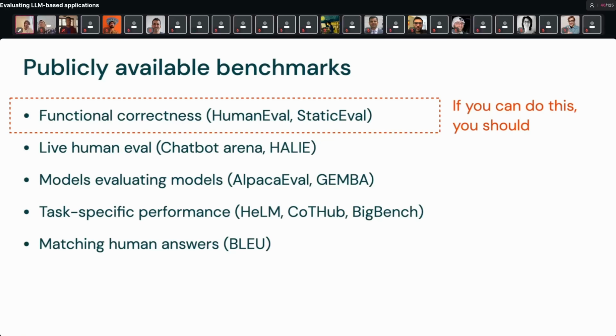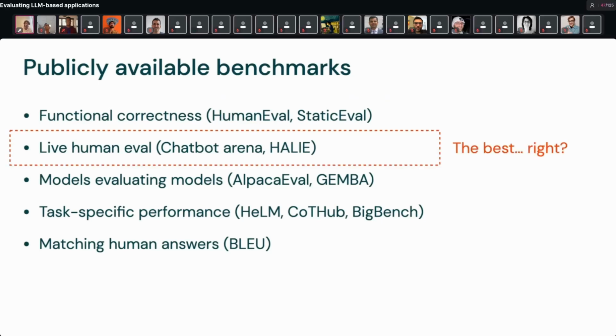So if you generate some code and then you run that code and it solves the task that you wanted to solve, that's a very good indication that the model is doing the right thing. But even just the code compiling or having some general properties of correct code is a pretty decent indicator that the model is doing something that's good. So these publicly available benchmarks are actually very helpful if you are doing a task that corresponds to them. So if you can do this, you should do it.